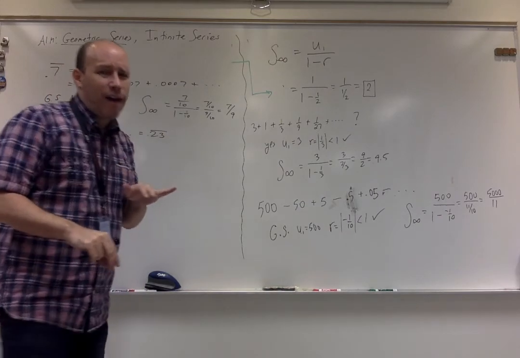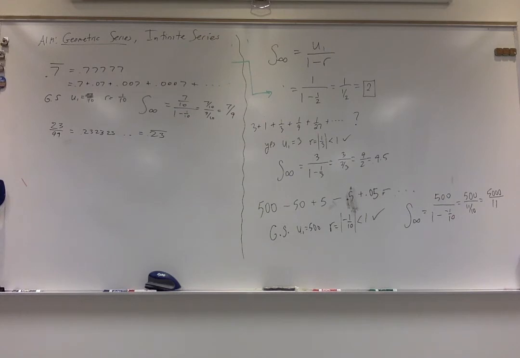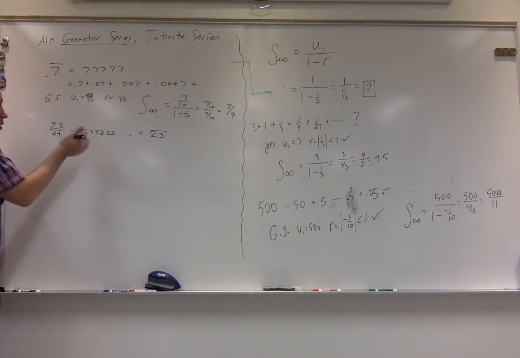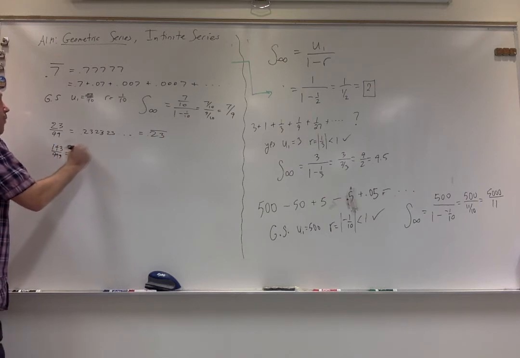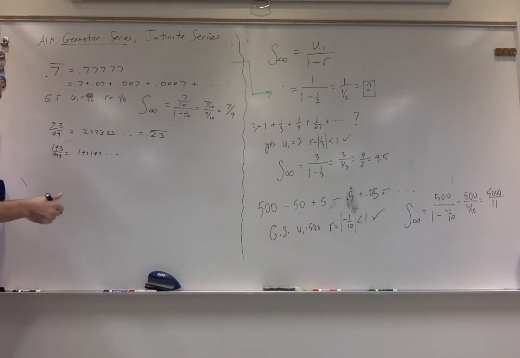I'm not a big fan of that. Now, you could do that with anything, right? You could say 143 divided by 999. That's also 0.143, 143, so on and so forth. But I want you to explore this.